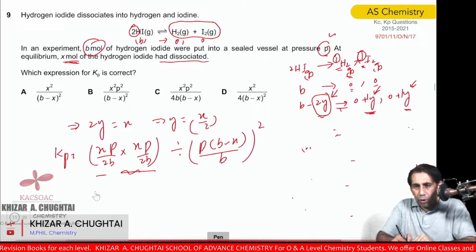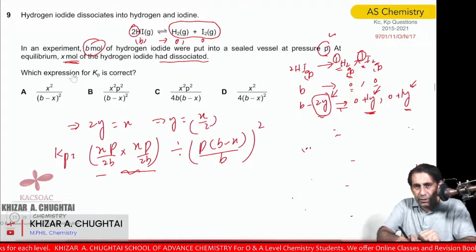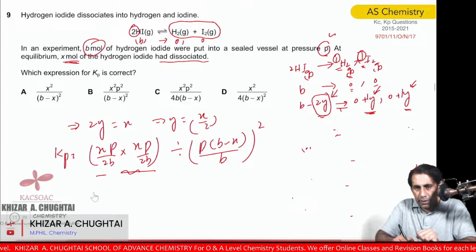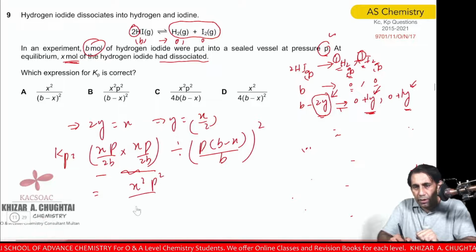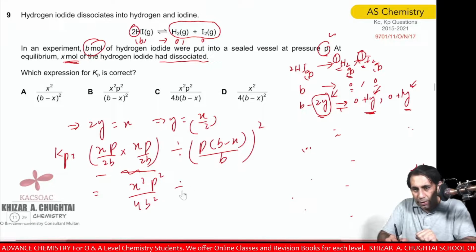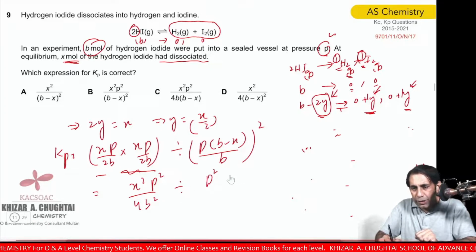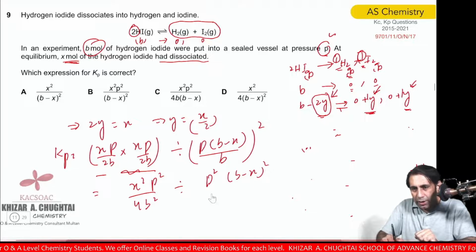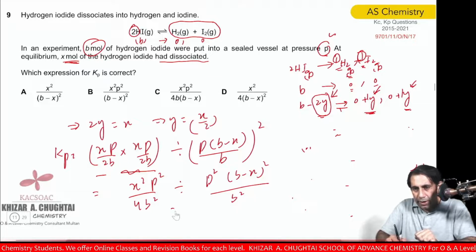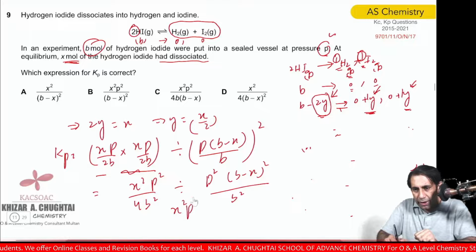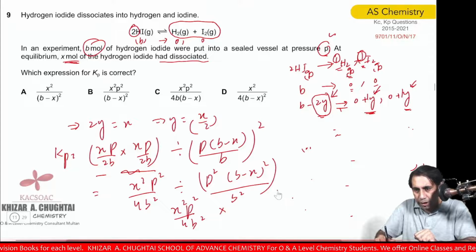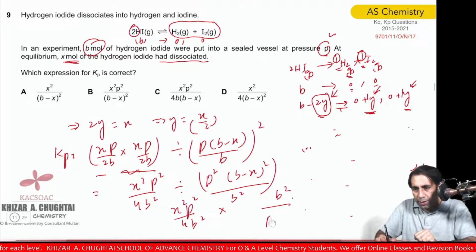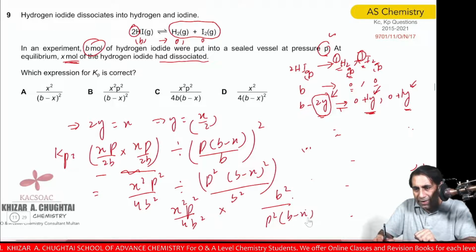Okay, now what is the answer of this Kp? It's equal to X square P square over 4B square divided by P square (B minus X) square over B square. It can be written as X square P square over 4B square multiplied by B square over P square (B minus X) square.